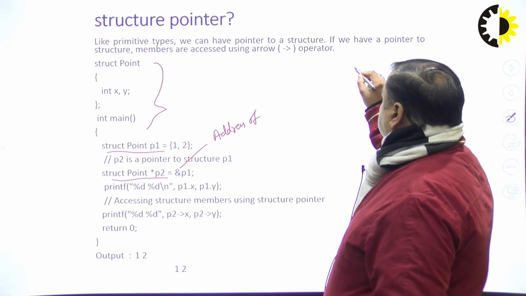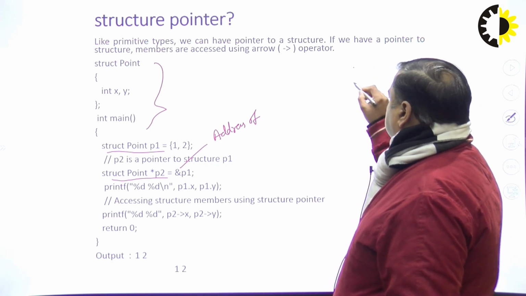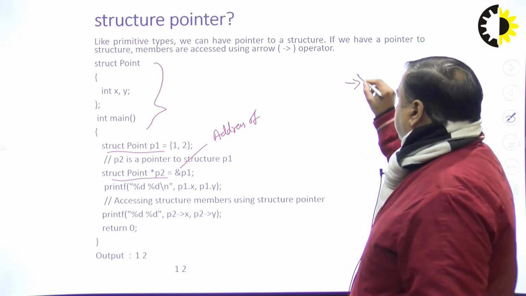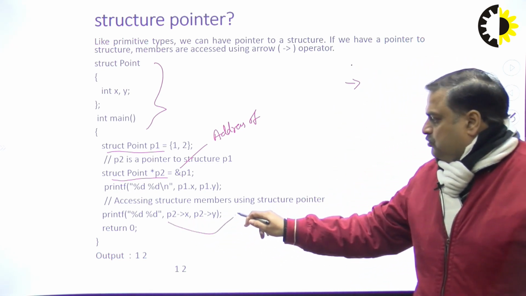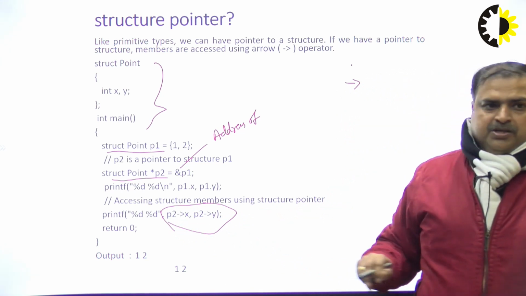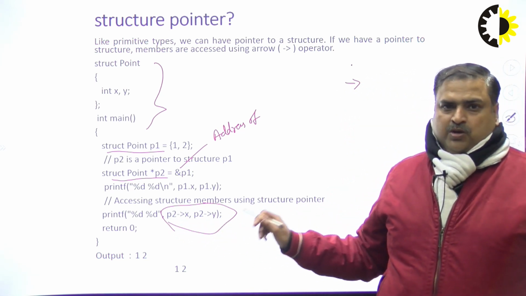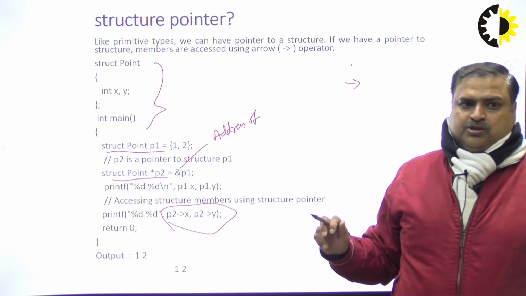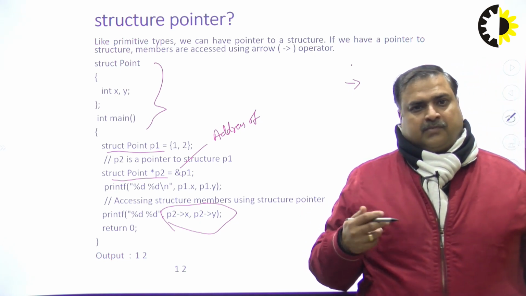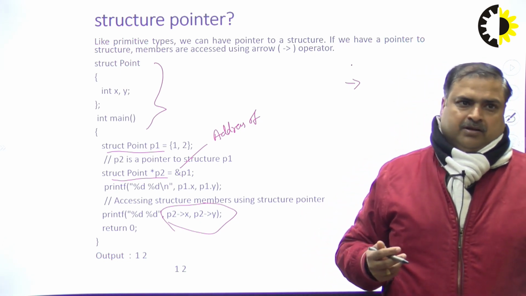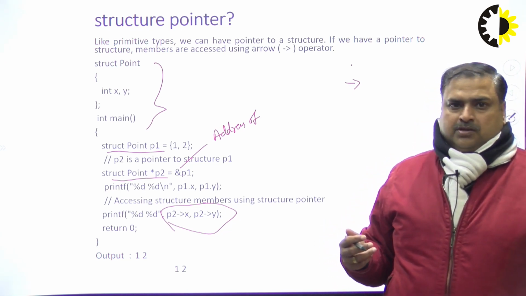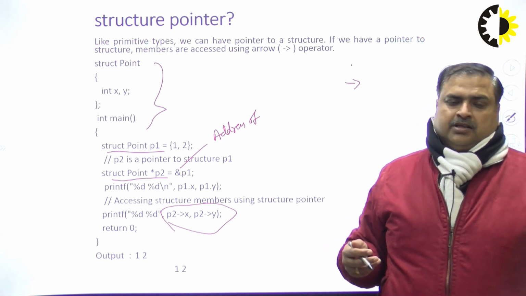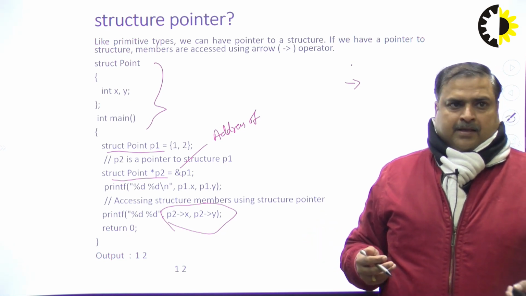Previously we were using the dot operator for accessing. Now we will use the arrow operator rather than dot. With a pointer we need to use, as you can see here, P2 arrow X, P2 arrow Y. They will be used for accessing the member variables. So this is how you can work with structures in the C programming language.